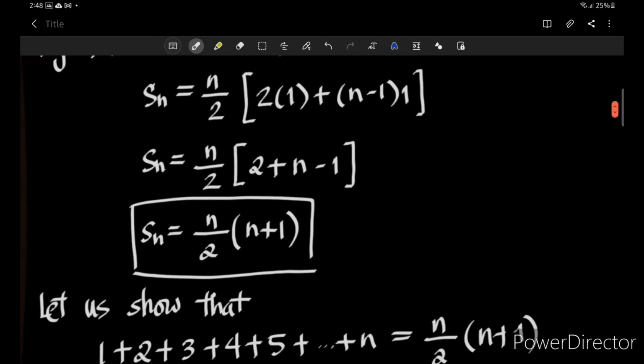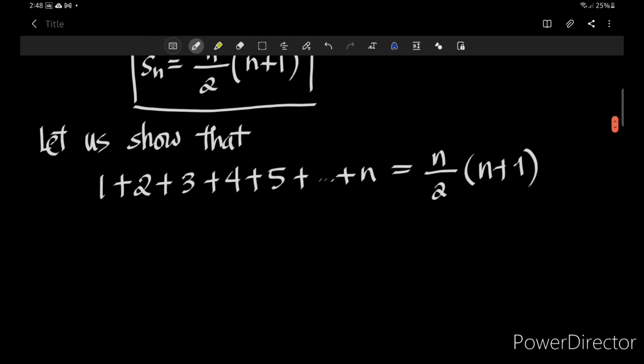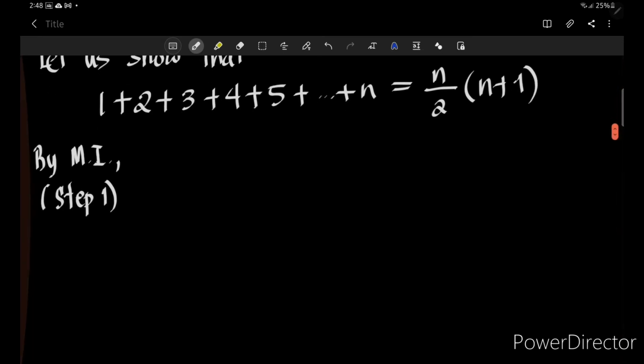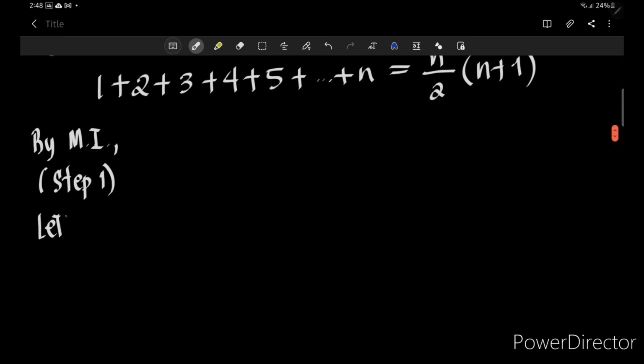Now, let us proceed by mathematical induction by MI or mathematical induction. So, we have the step 1. Okay. Let n is equal to 1. Since 1, yung value ng n, kailangan lang natin kunin yung first term para sa left side.